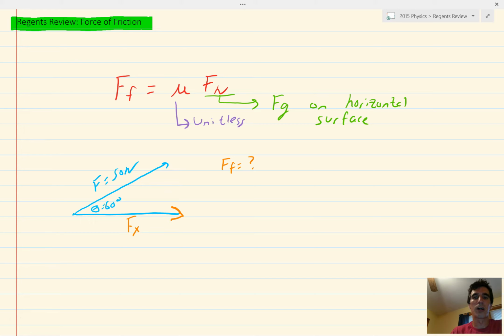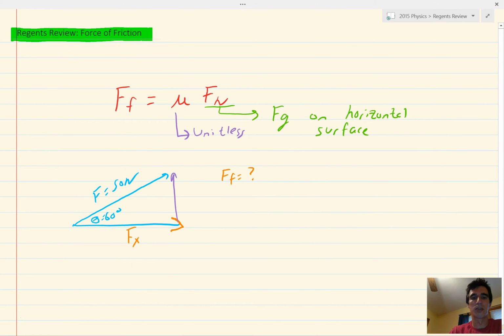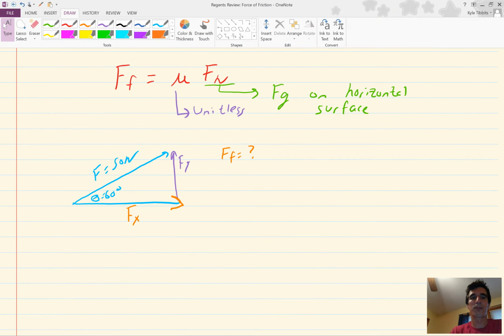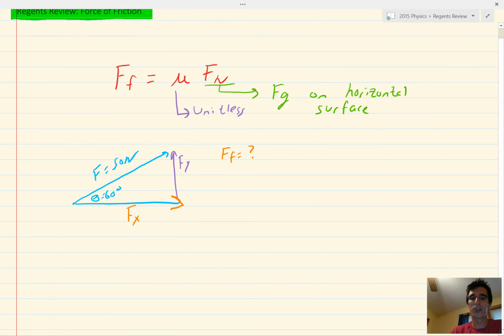You're also pulling up in the y direction, but there's no vertical friction, so we only need to find Fx. So we look at our reference table. Fx is F cosine theta. Plug in chug, 50 newtons, cosine 60 degrees, and that gives us 25 newtons.